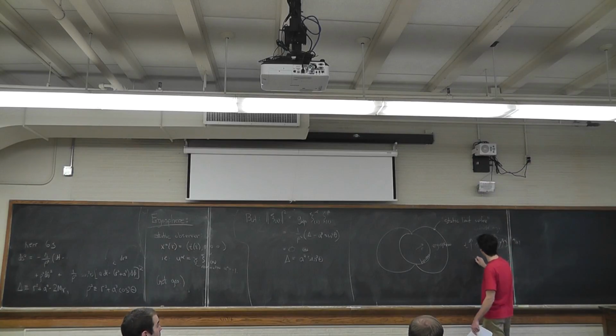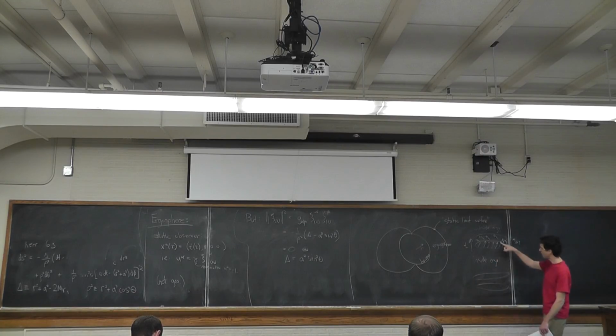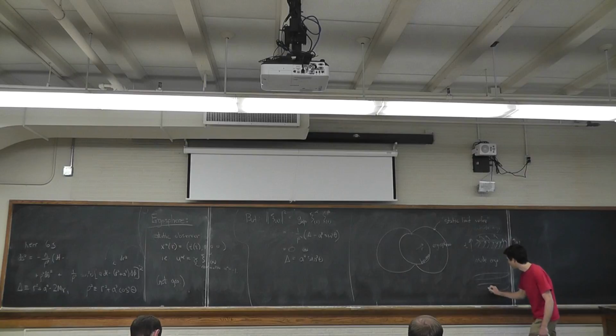And when you hit inside the ergosphere, this tipping becomes extreme. Basically, this is why you have an ergosphere. It's because the Killing vector d/dt starts to tip and becomes spacelike.